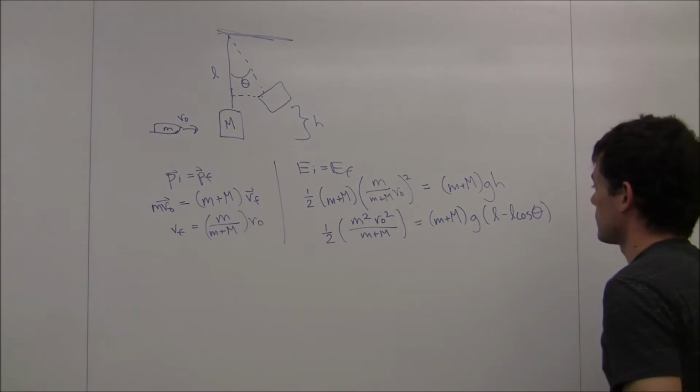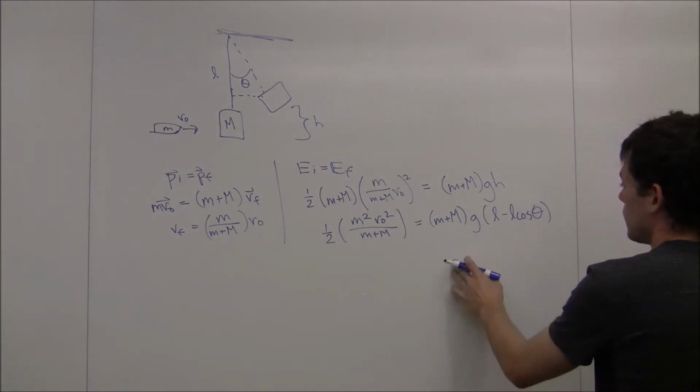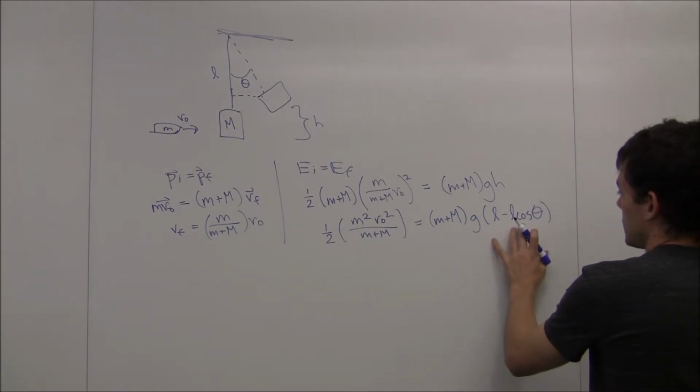So it's going to be L minus L cosine theta. We can then divide everything out.